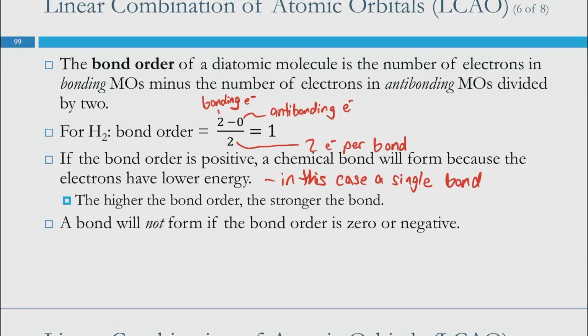If we had a bond order of 2, that would be a double bond, and 3 would be a triple bond, and we can also have halves as well. If our bond order is 0, which we'll see an example of, or negative somehow, then we will not form a bond.